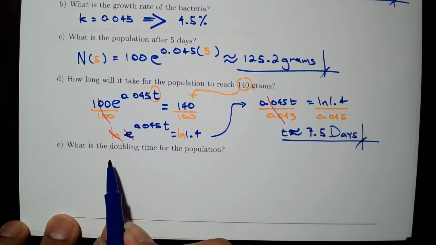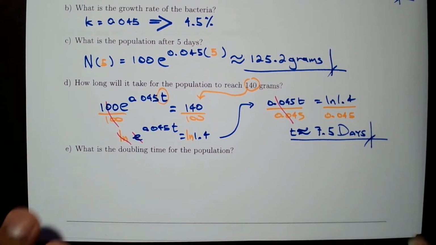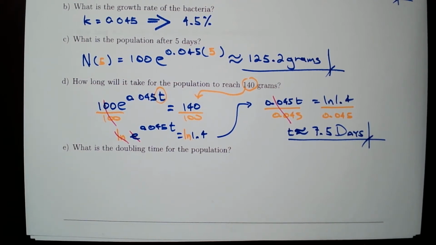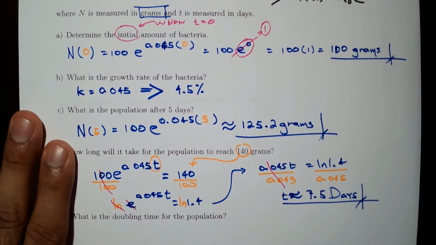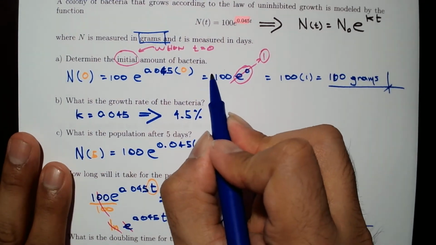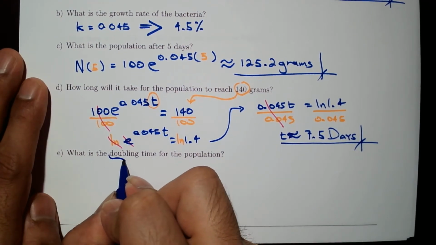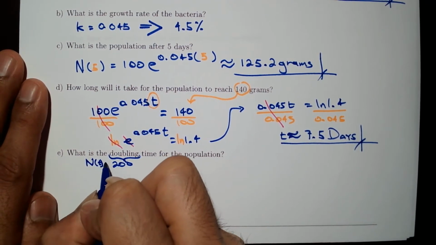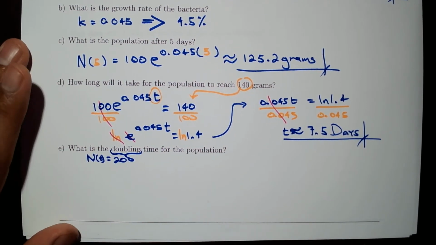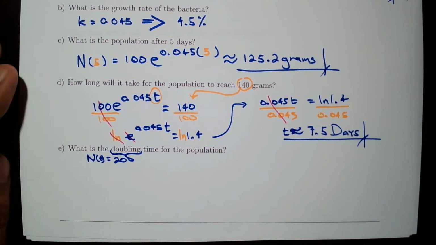What is the doubling time for the population? Now they're asking us when the population will become twice as much. Keep in mind that the initial population is 100, so doubling will be N of t equals 200. They're asking us for the time for which N equals 200.